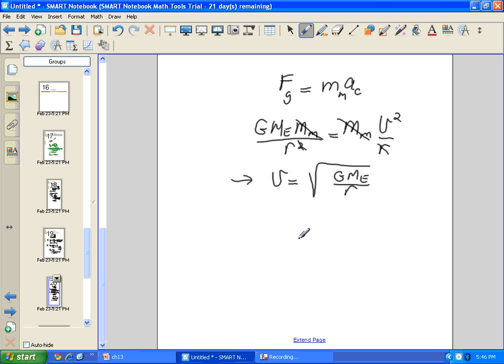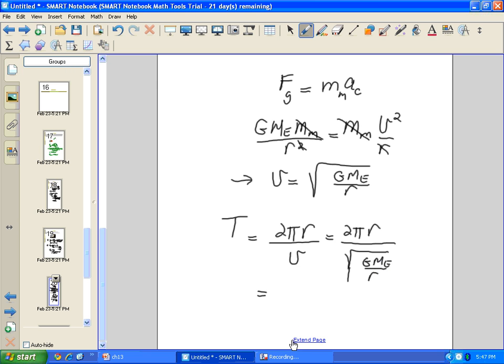So I hear you say, how do we get T out of that? Well, here's how we get it. We know T is equal to 2 pi R, the circumference, divided by v. If we substitute this v into our expression, we get 2 pi R divided by the square root of G, mass of the Earth, divided by R, under the square root sign.